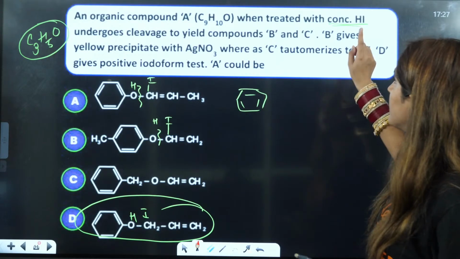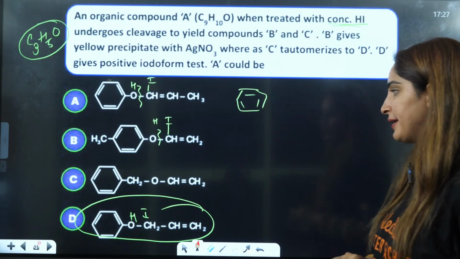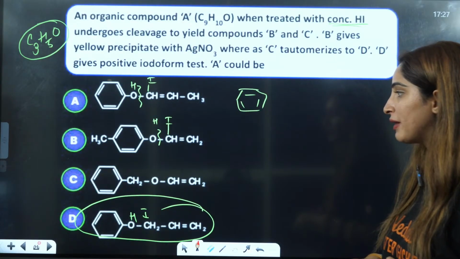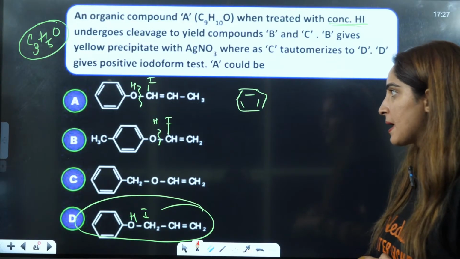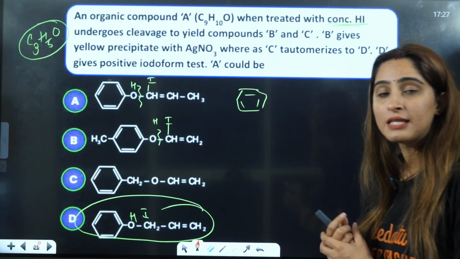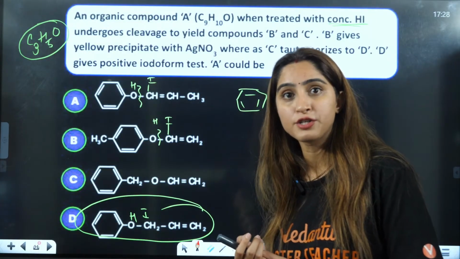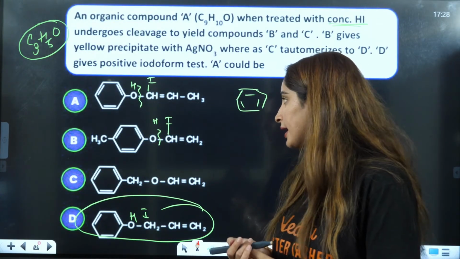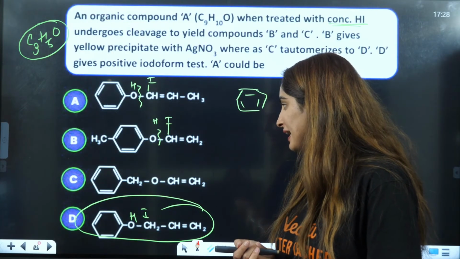B gives yellow precipitates with AgNO3, meaning an AgI precipitate is formed, so I negative will be there.